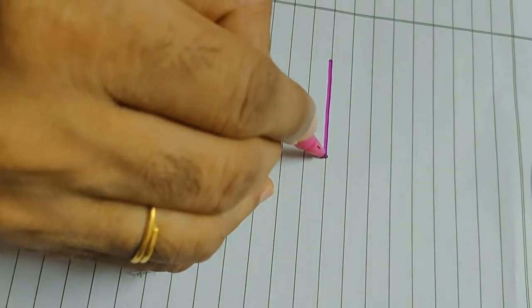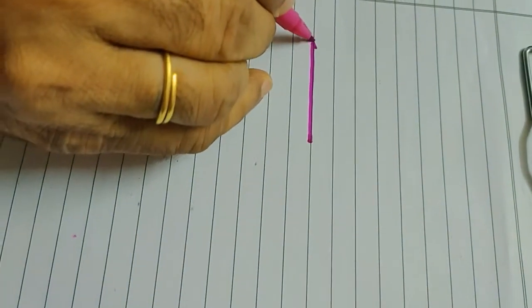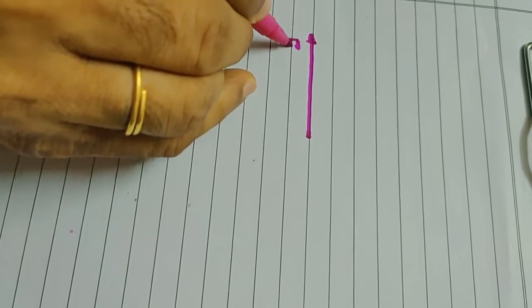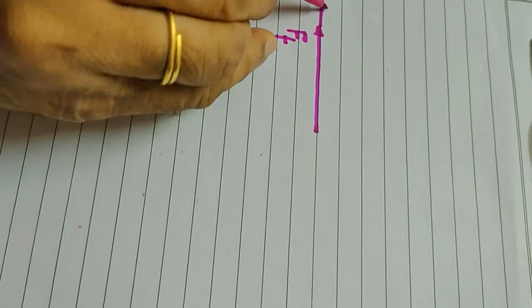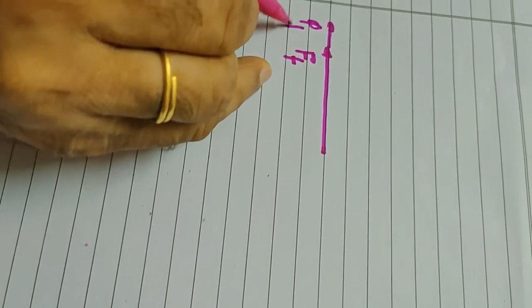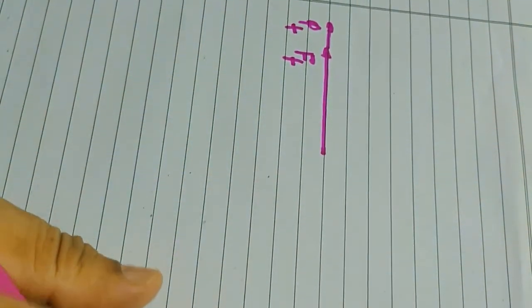Now suppose this is the field mmf, or field flux phi f. This is phi f, the DC flux.